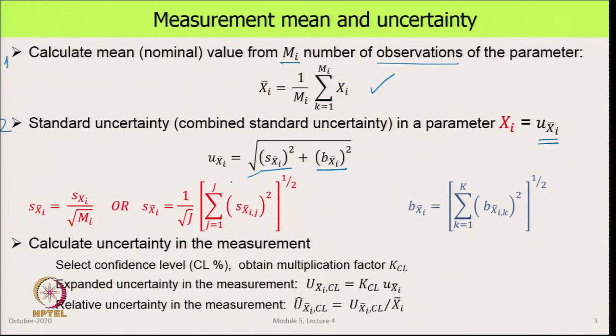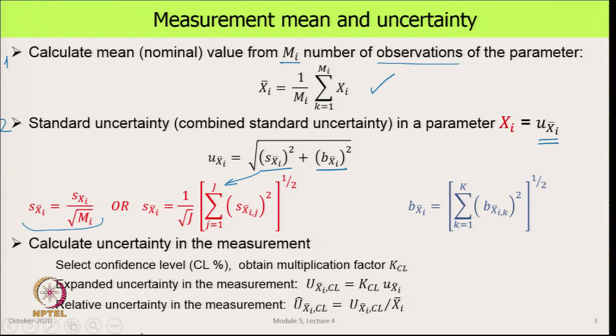For the random standard uncertainty, we have two options. We either estimate it from the measurements. That means we have that many measurements, and from there we do the simple calculation to get S x_i bar.